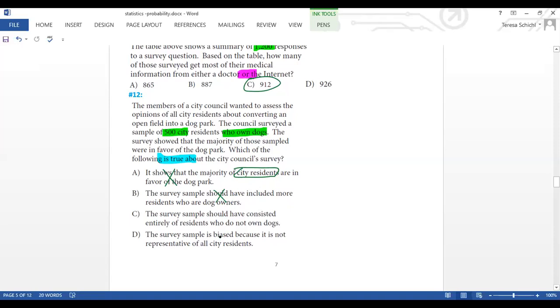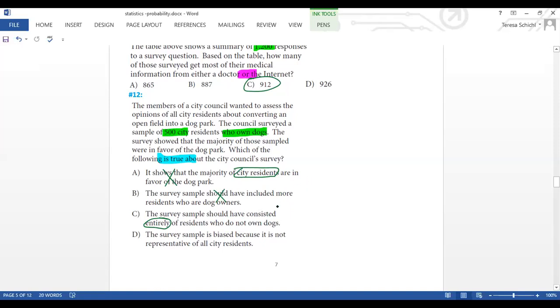Okay, so part C says the survey sample should have consisted entirely of the residents who do not own a dog. No, we cannot just survey the people who don't own a dog.